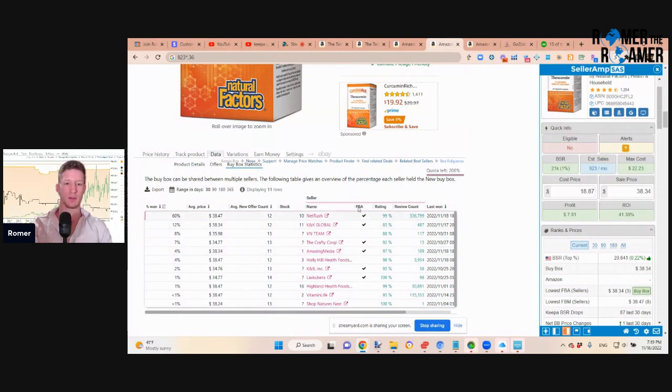Okay. Another thing is if you look at this FBA column, you can see it has a check mark. That means that this person's selling FBA. If there is an absence of a check mark, then that means this person's getting the buy box with a merchant fulfilled listing, which simply means they are shipping it from their house or warehouse.